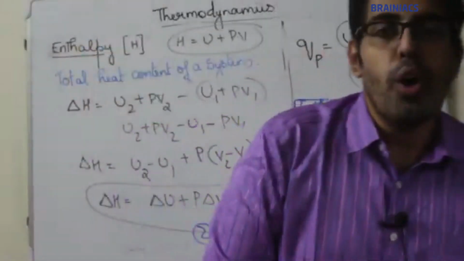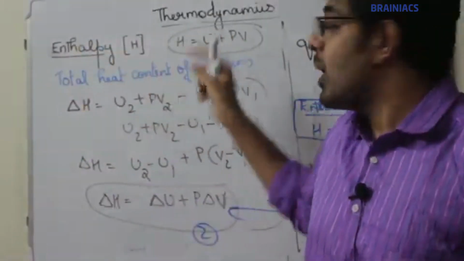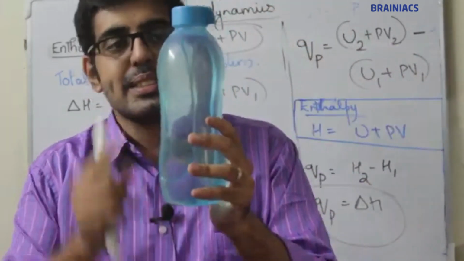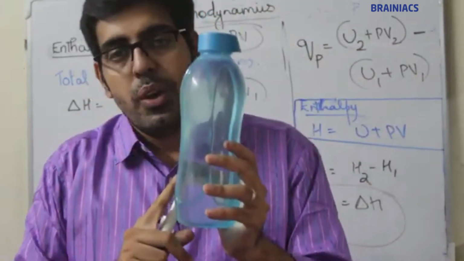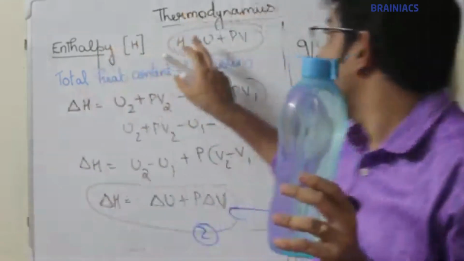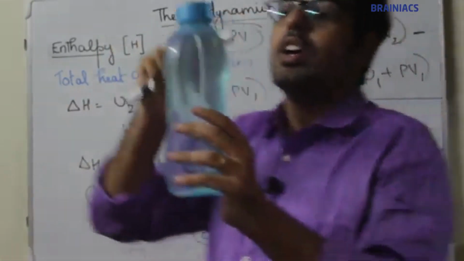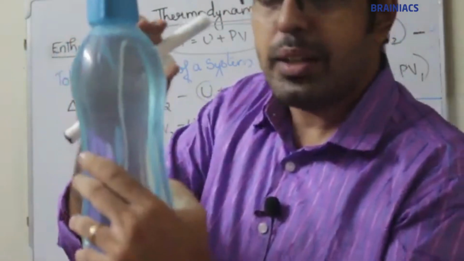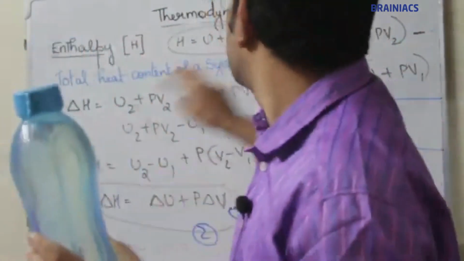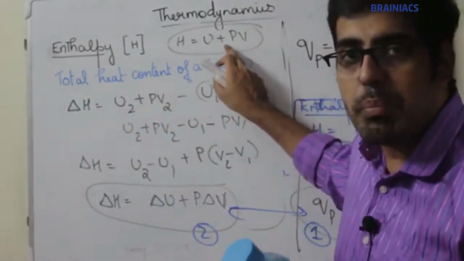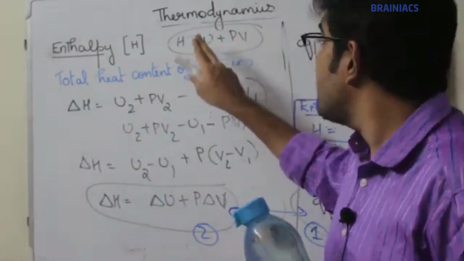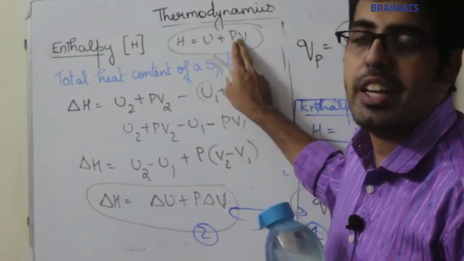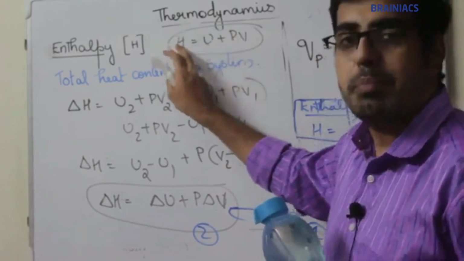If you consider this as the system, this water molecule will possess internal energy U, and it has some volume. Due to that volume, at constant pressure, it possesses work. So the sum of internal energy and pressure volume work energy is known as enthalpy.